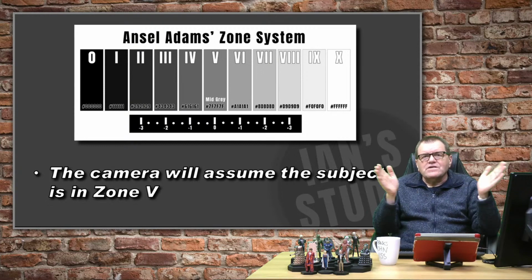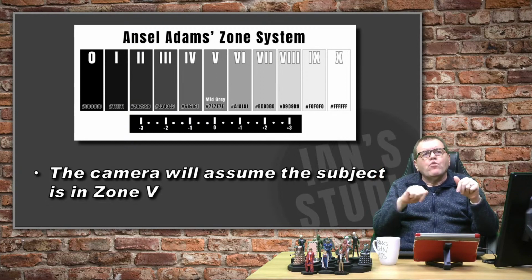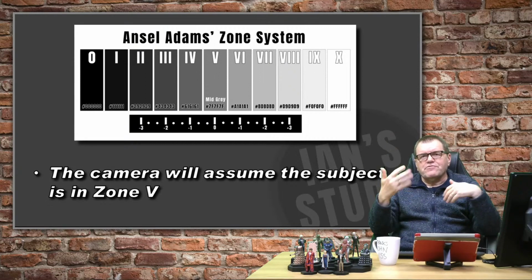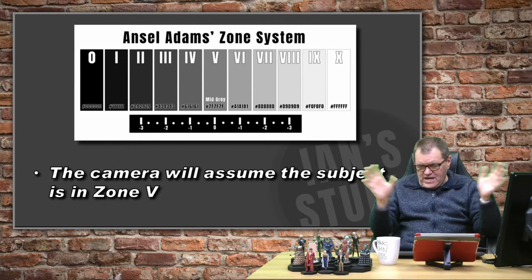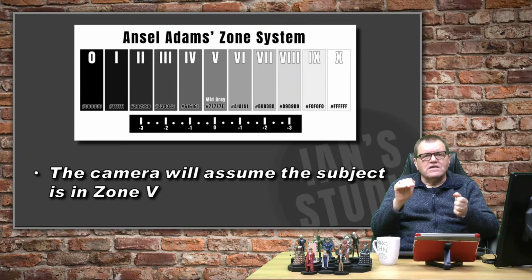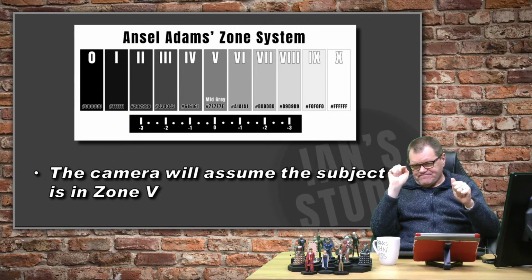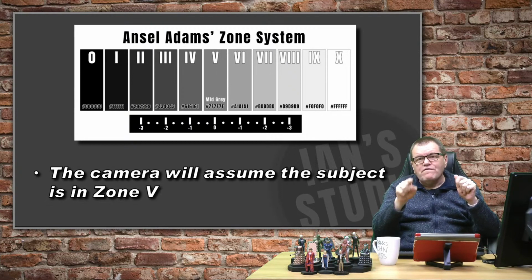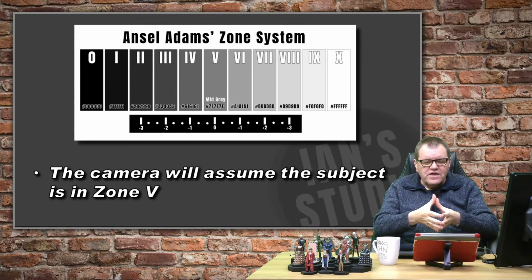We're not talking about things like evaluative metering, where you meter the whole scene broken up, throw it through an algorithm and work out the best sort of exposure to try and capture everything. We are looking at just trying to pinpoint a particular element, setting the camera into spot metering mode and getting a reading off that particular item. And that's what we're working on with this.